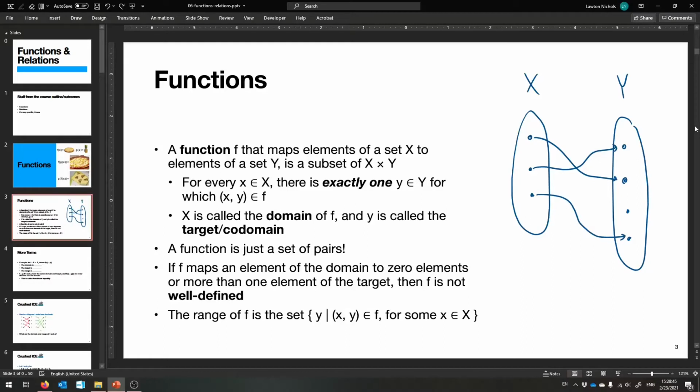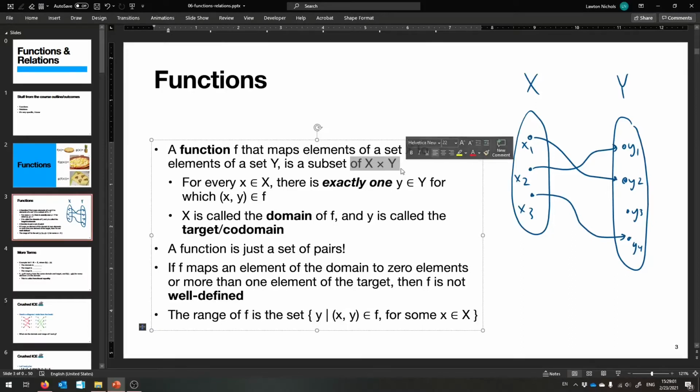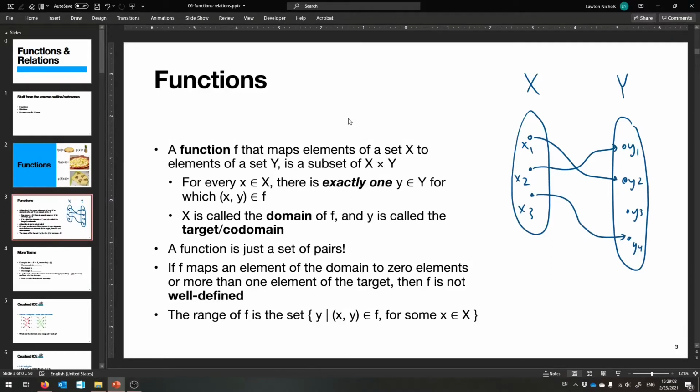And if I were to give these names, like x1, x2, x3, y1, y2, y3, y4, notice that all you need to specify completely what a function does is elements of this x cross y set, this Cartesian product, because remember that elements of that are just pairs.